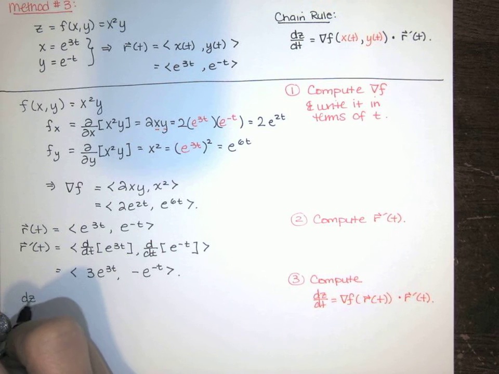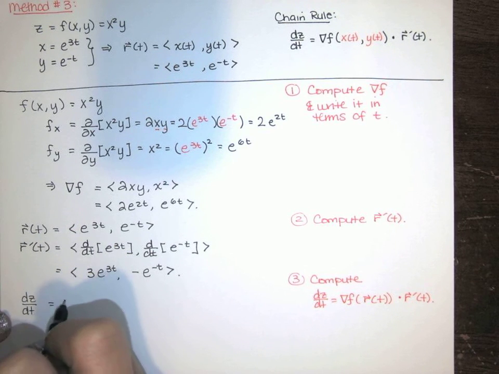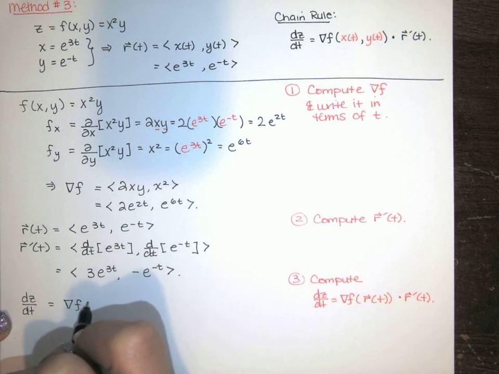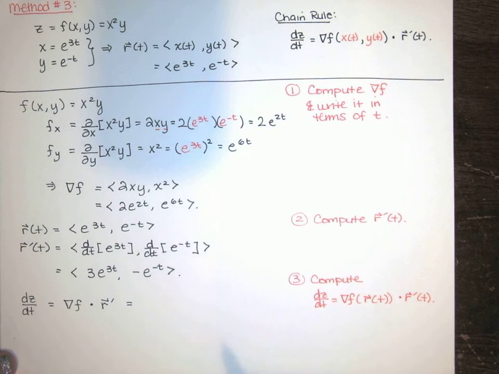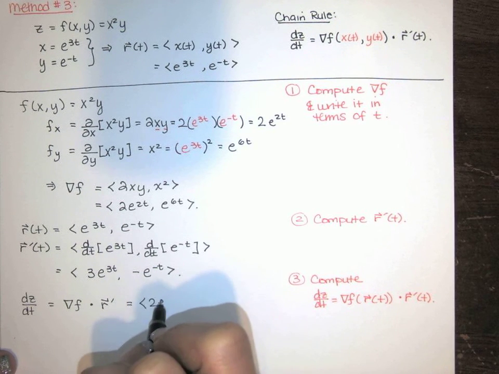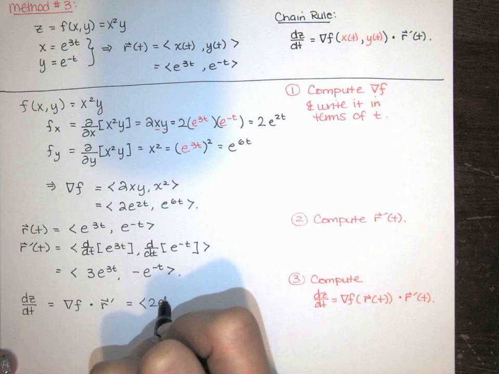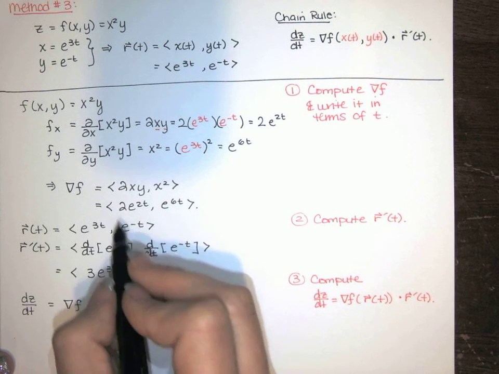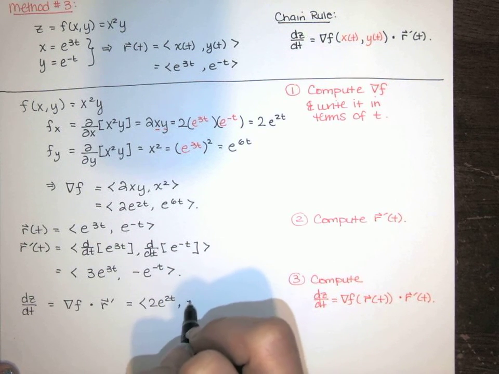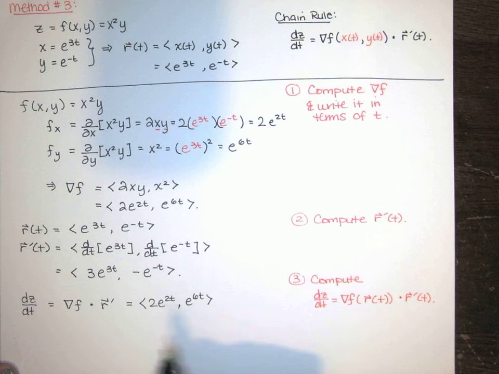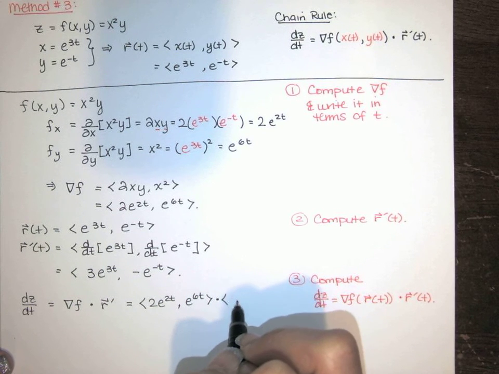So dz dt is this gradient dotted with r prime. The gradient is 2 times e to the 2t times i hat, plus e to the 6t times j hat. That's my gradient. Here's my r prime.